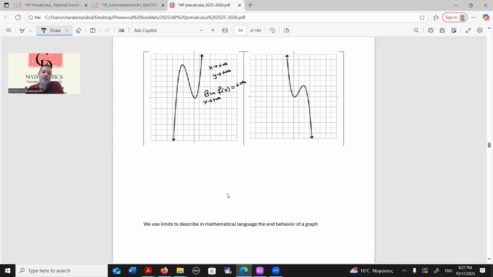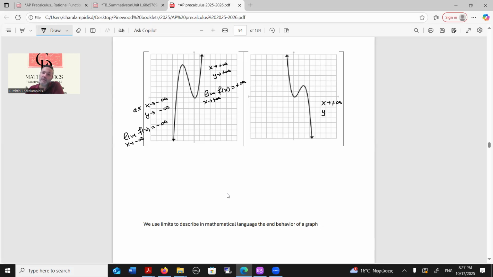On the other side, as x goes to minus infinity, y values keep decreasing. So y tends to minus infinity as well. In limit notation, this can be written as limit of f of x when x tends to minus infinity is minus infinity.